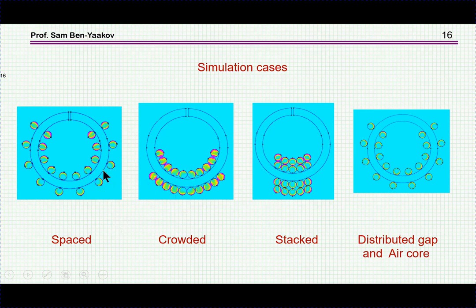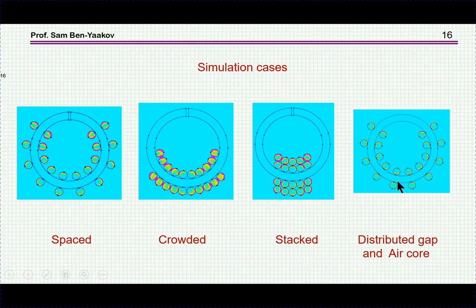So we are examining here three types of inductors. All of them are round toroids. These are ferrites, and we have a gap here. The difference between these is the distribution of the wire: here they are spaced, here they are crowded, and here we have two layers. Actually, it's two types of simulation.